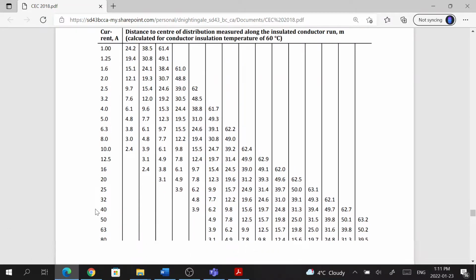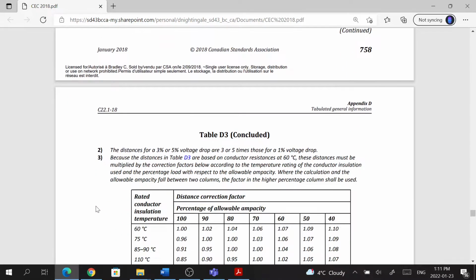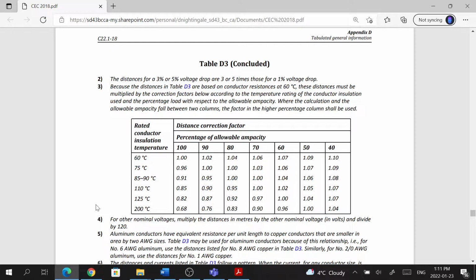But if we scroll down on this particular rule, it's important we read this here. Because the distances in table D3 are based on conductor resistance of 60 degrees Celsius, these distances must be multiplied by the correction factors below according to temperature rating of the conductor insulation used and the percentage load with respect to the allowable ampacity.